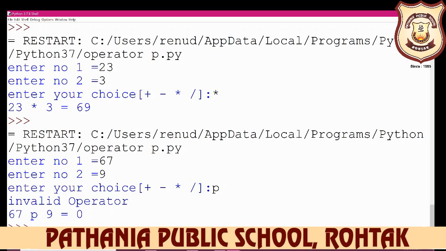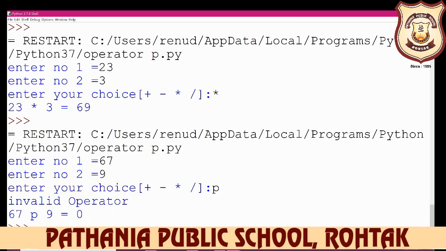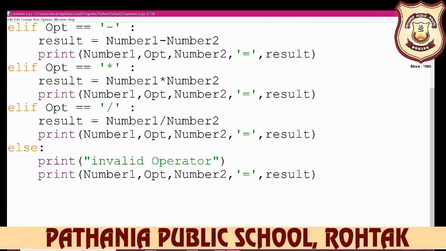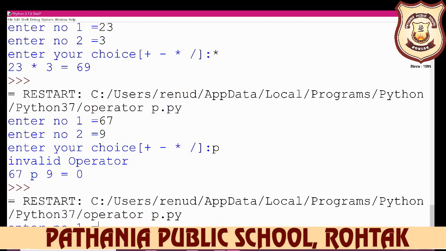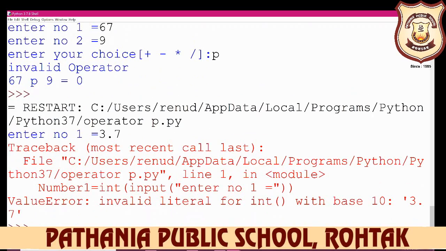Okay, but if my value is 3.7, then what? Then see, here I have input 3.7, so an error will be displayed. Why will this error be displayed?